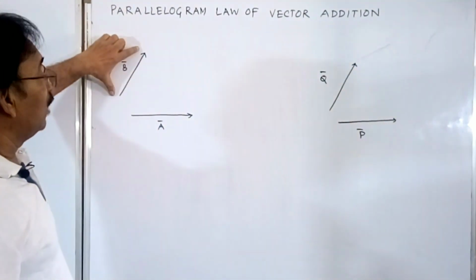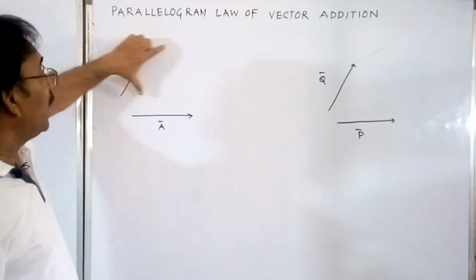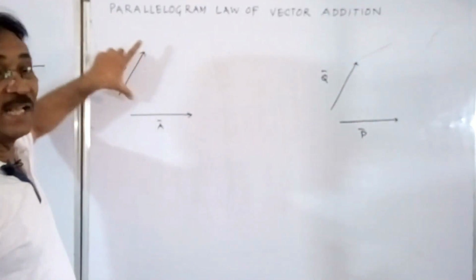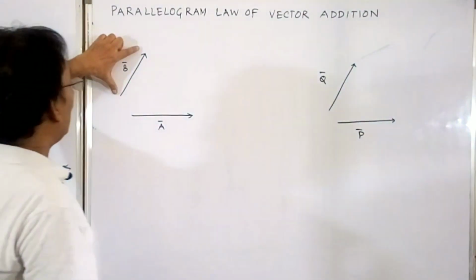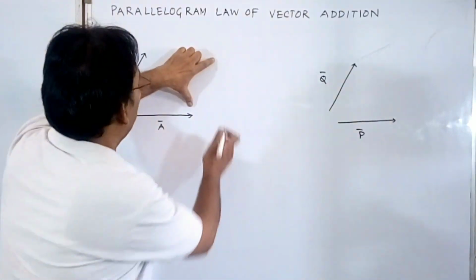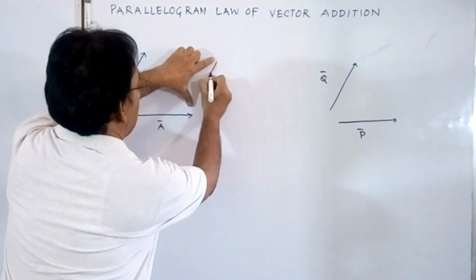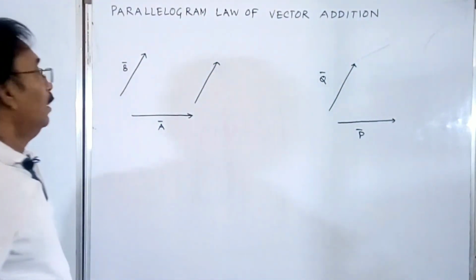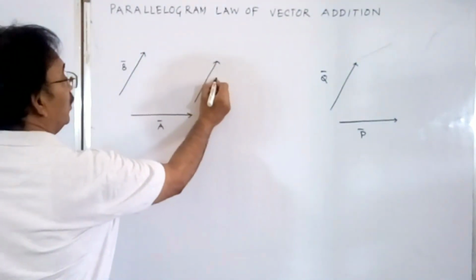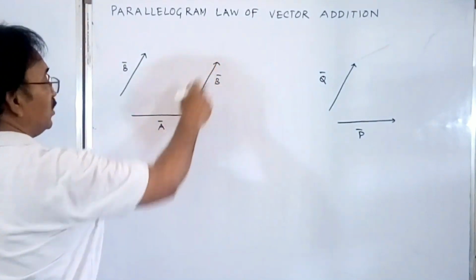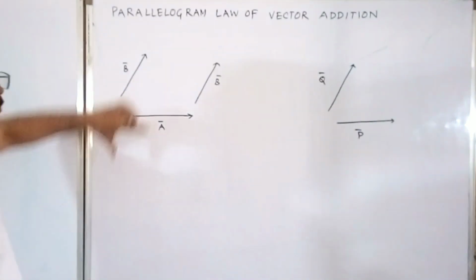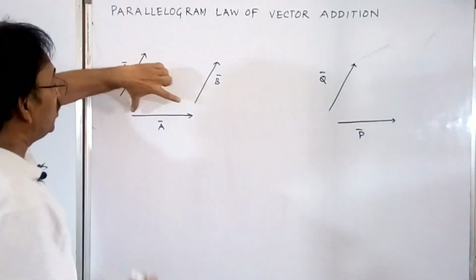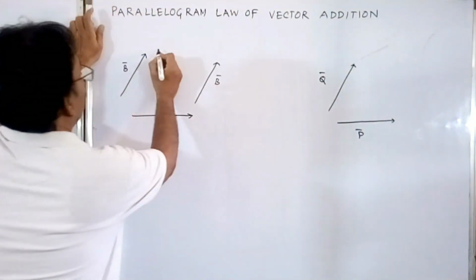That means I am bringing this vector and keeping it here. I kept the same vector, and it has the same magnitude as B bar and the same direction. In the same way, if you take this vector and keep it here, I transpose the vector from here to here.